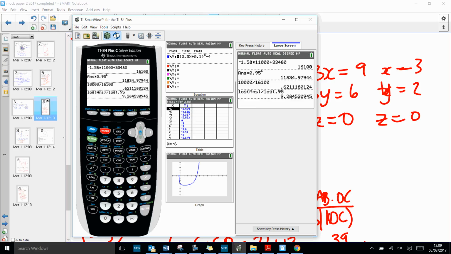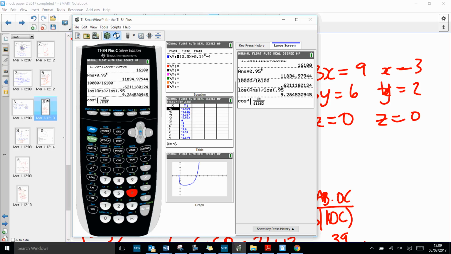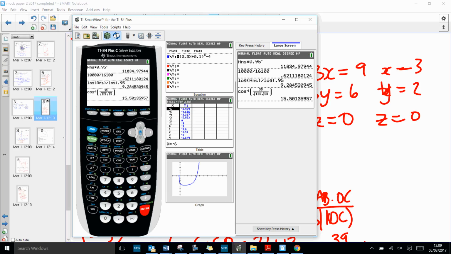Okay, so shift cos, that's 39 over root 126 multiplied by root 13, gives us 15.5 degrees.